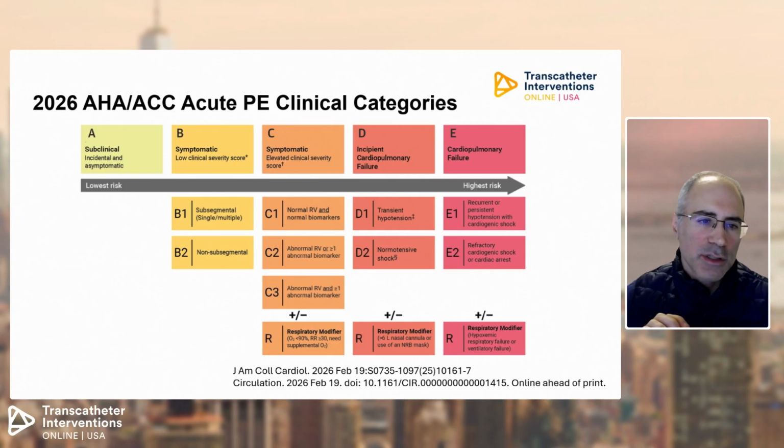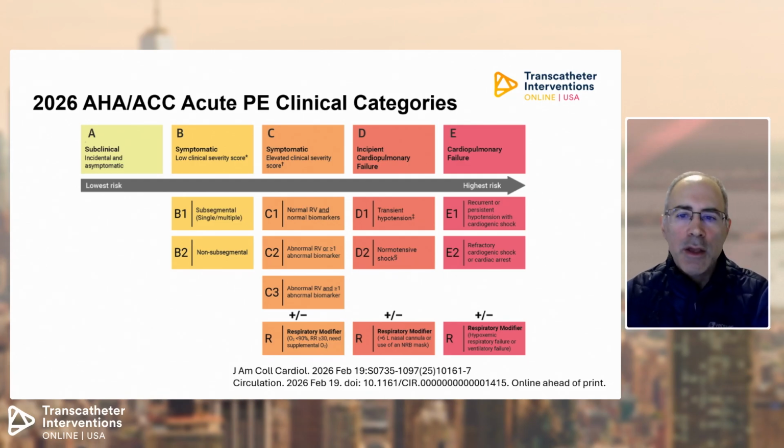Category B are symptomatic but with a low clinical severity score. These can be subcategorized into subsegmental and non-subsegmental. A and B typically do very well on anticoagulation, and we'll talk about how the guidelines really recommend that these patients be considered for home PE therapy.